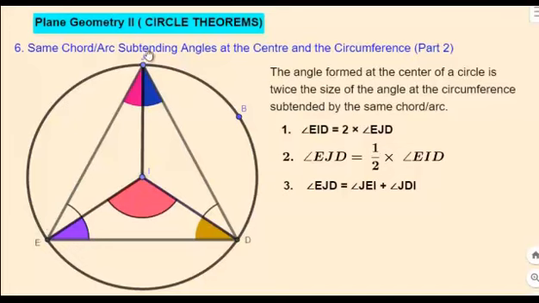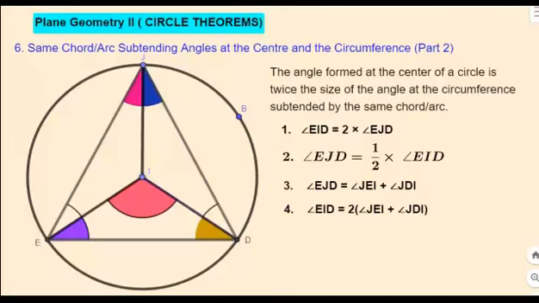Angle EJD is equal to angle JEI plus angle JDI. So when we multiply their sum by 2, it should give us the angle at the center when line ED is taken as the chord.